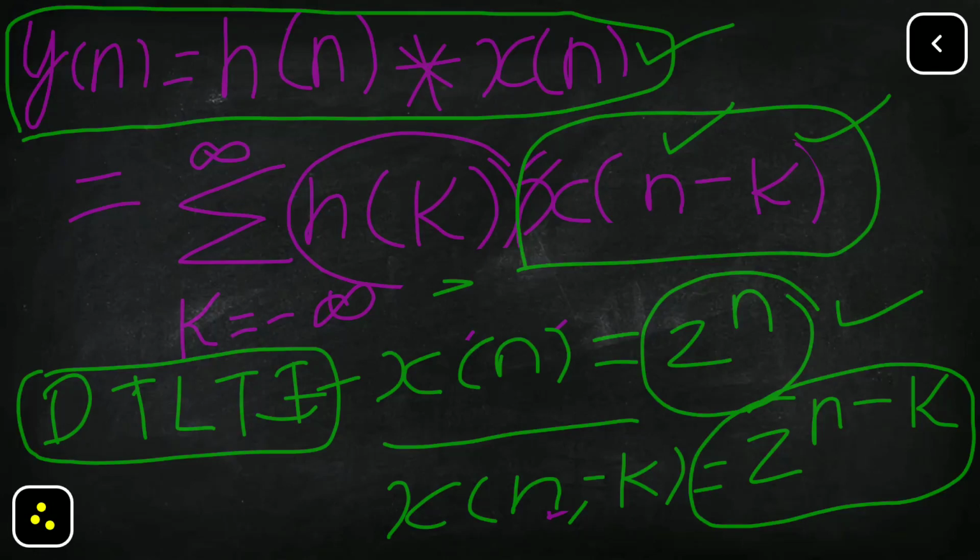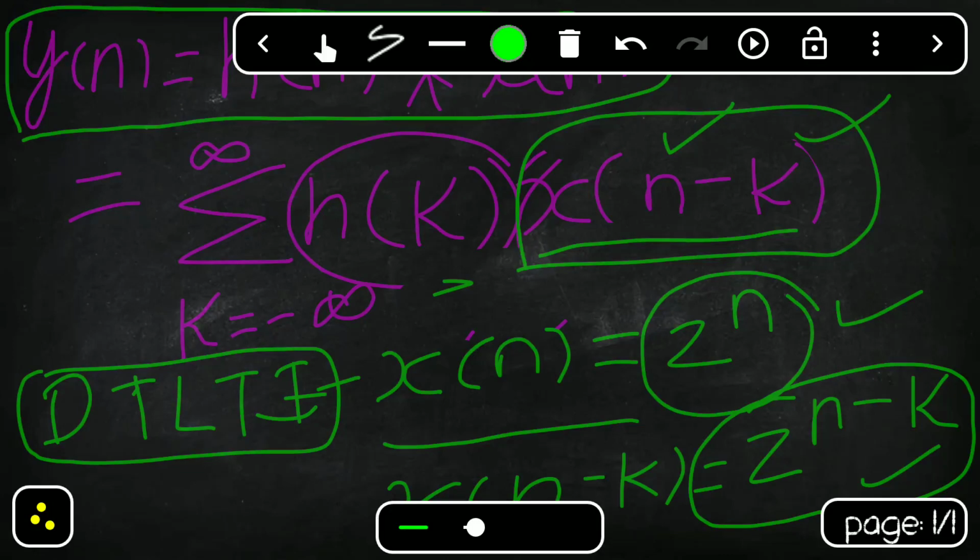Now we know that your x of n is equal to z to the power of n. So for x of n minus k, it becomes z to the power of n minus k. That is what we learned till now.